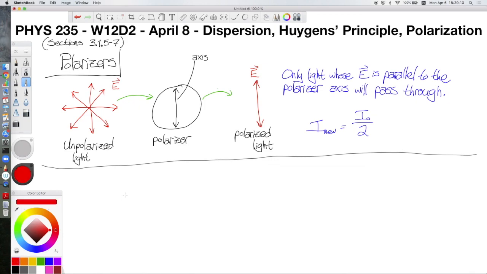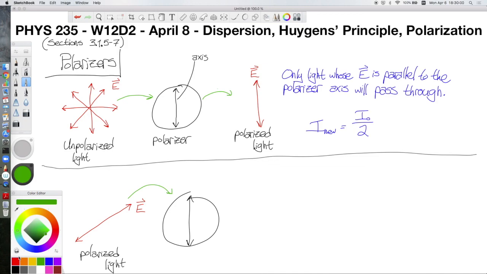So let's say we have light that is polarized at an angle, like this. Let's actually make that angle even more extreme. And we're going to send that polarized light through the same polarizer, with the polarizer axis oriented up and down. So only light with its electric field parallel to the polarizer axis will pass through the polarizer.